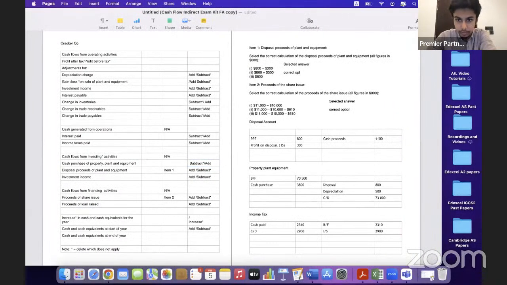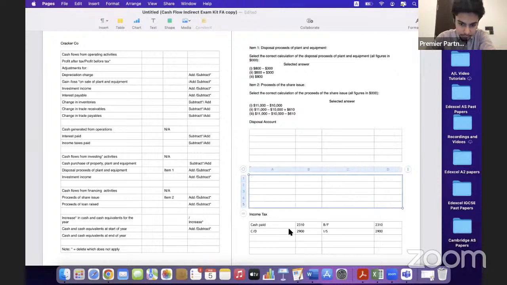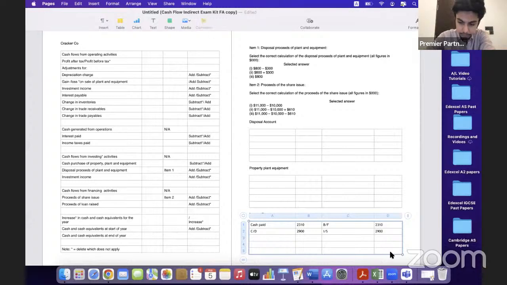So guys, let's now resume the session after the break. Let's do another full cash flow statement and see whether we are okay with the area. If so, I'll move to another part. So let me quickly clear out the screen and show you the question once again, and let's start then.